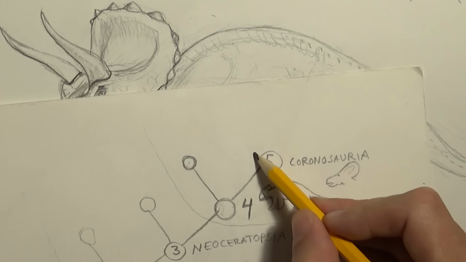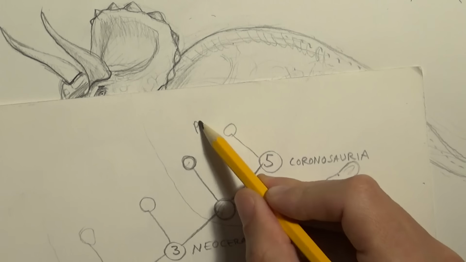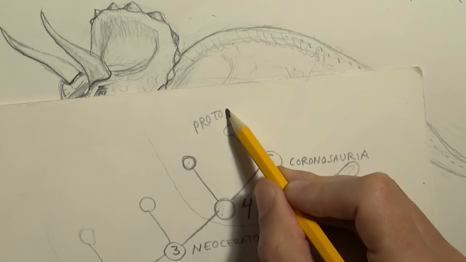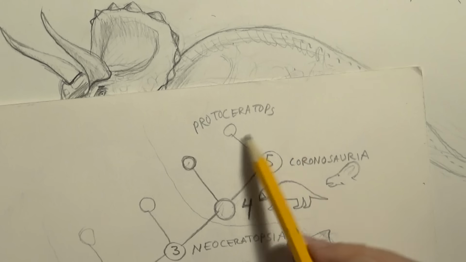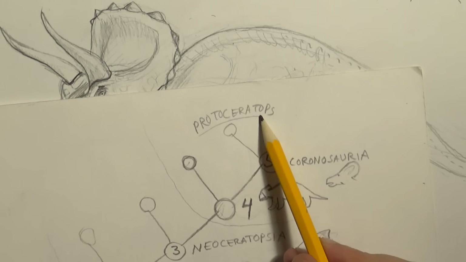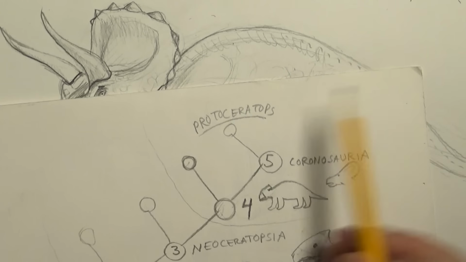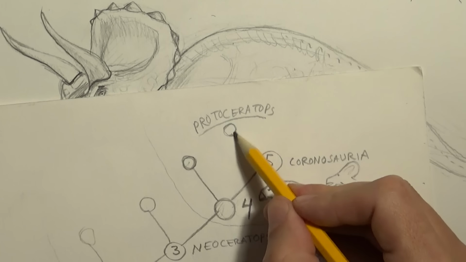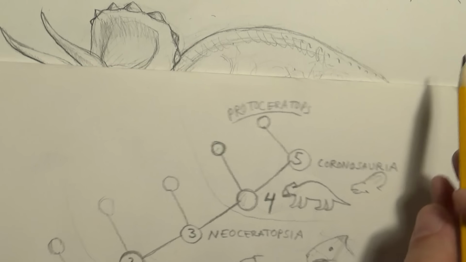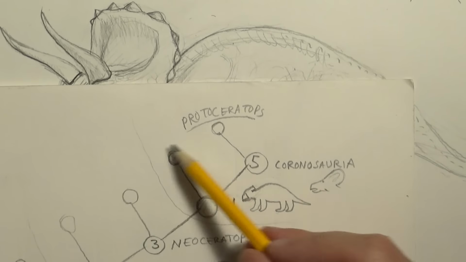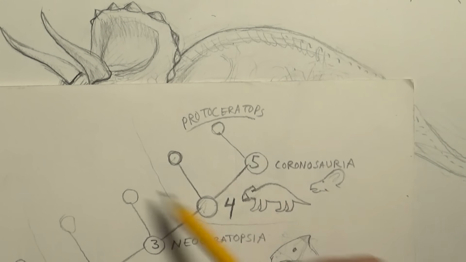From here is a branch to Protoceratops, that were found a lot in China and Mongolia. So they're both in Asia and North America here. Or they migrated sometime here.